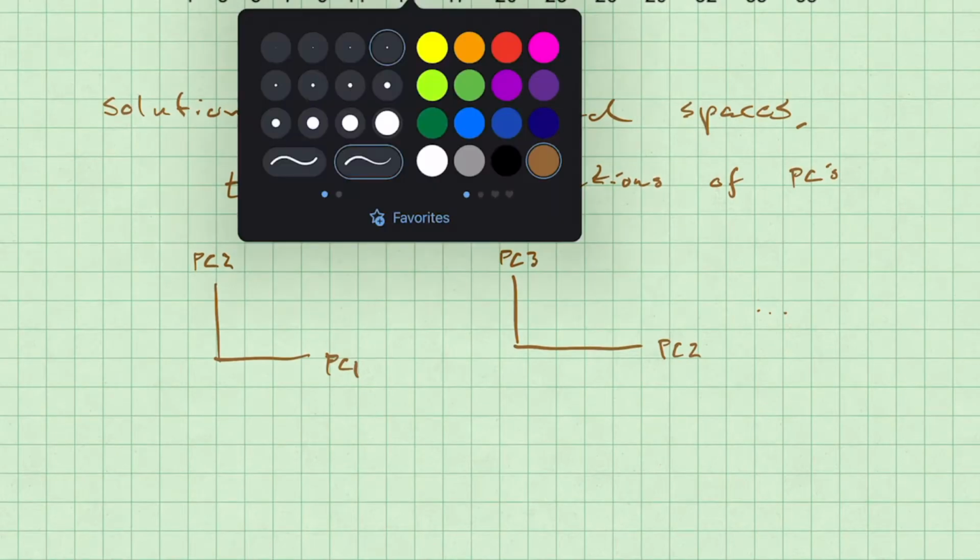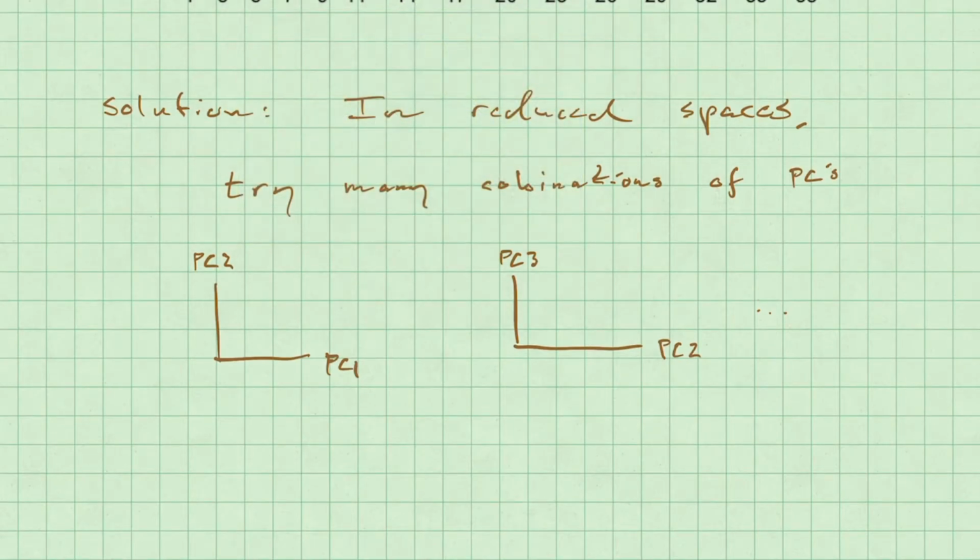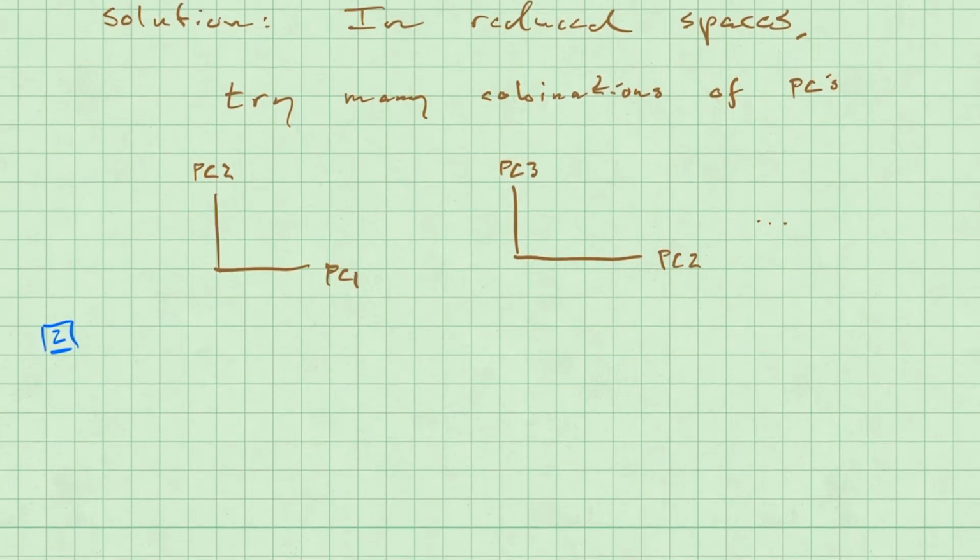Okay, the second kind of limitation that I want to address today is that the main principal components might not actually be important. So main PCs, and what I mean by main is the lowest, like principal component 1 and so on, 1 or 2, might not be important.